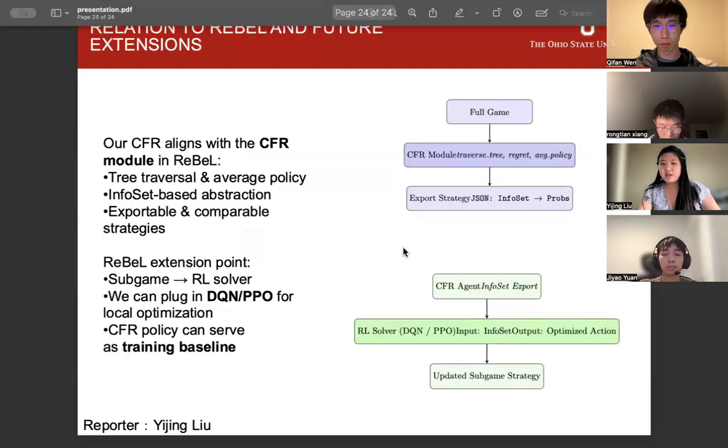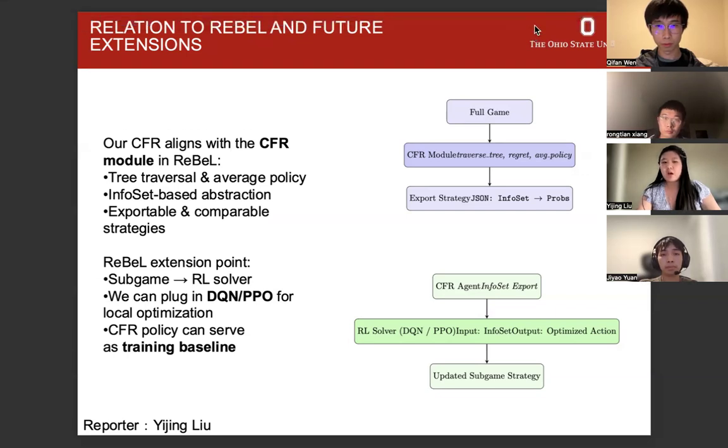Next, in the final slide, we show how our implementation follows the CFR design described in the recursive belief-based learning paper, and how we understand its potential for extension. On the left, we highlight several key parts that we focused on in our implementation.